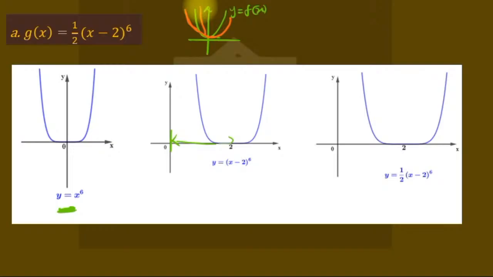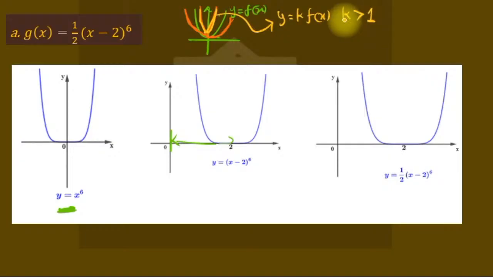So it's either this pink one, or maybe let me use another ink, yellow, so either the pink one or the orange one or the yellow one. It depends on the constant. The pink is when you have y equal to k times f(x), when k is greater than 1.